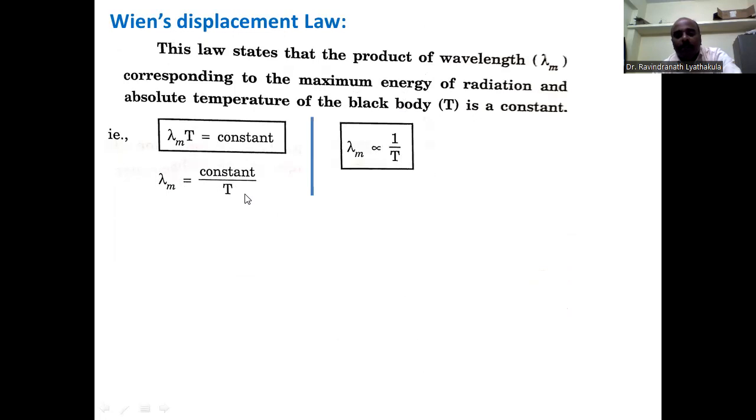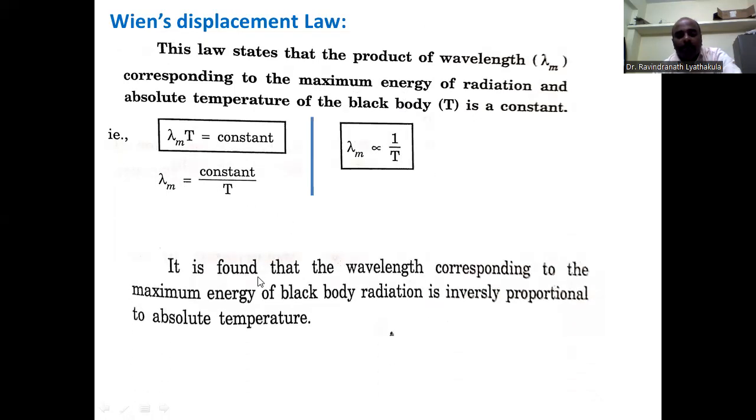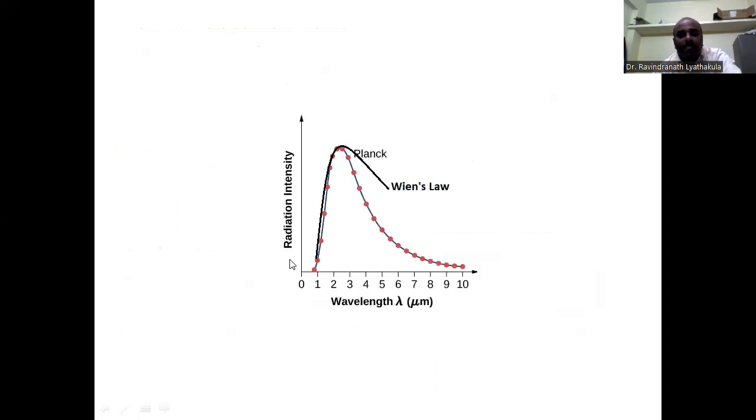Here it is found that the wavelength corresponding to the maximum energy of a black body is inversely proportional to the absolute temperature. From that, we draw a curve comparing Wien's law with the experimental results. At shorter wavelengths, it coincides with the experimental results.